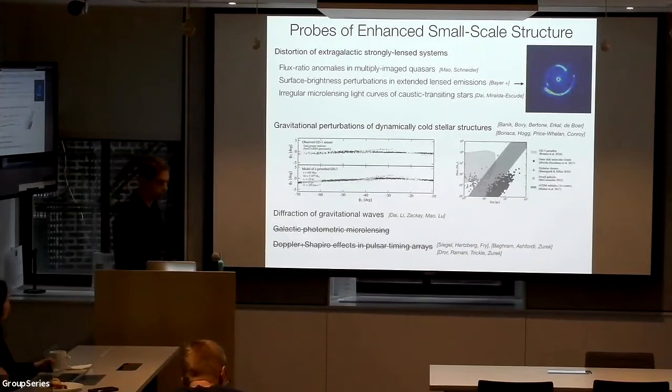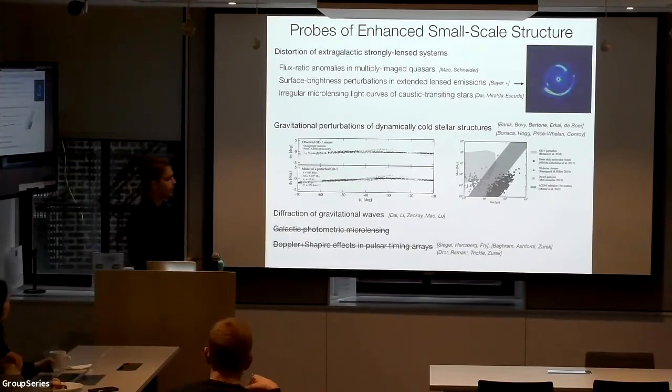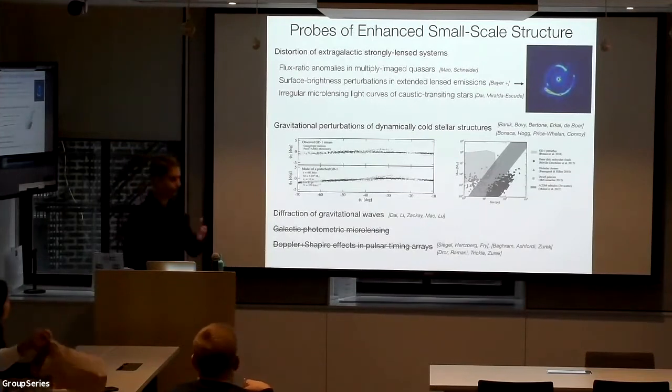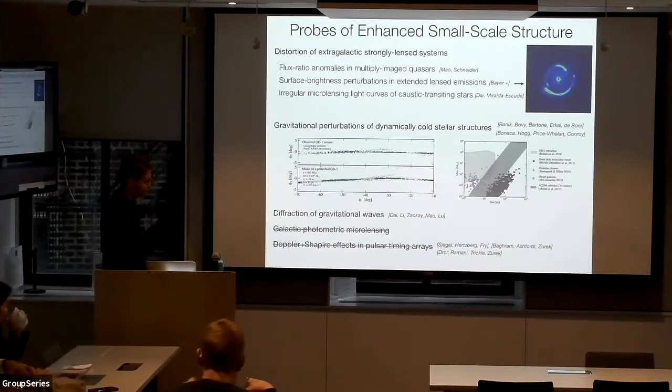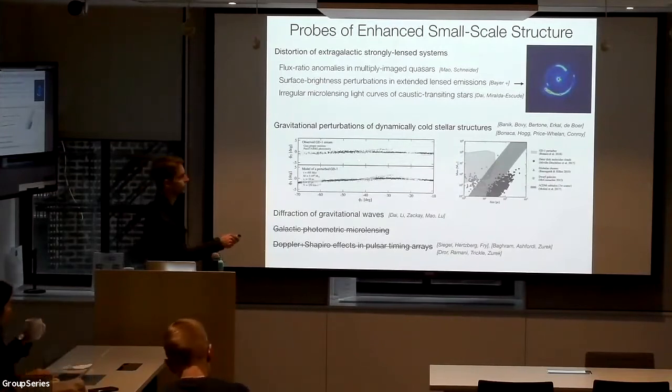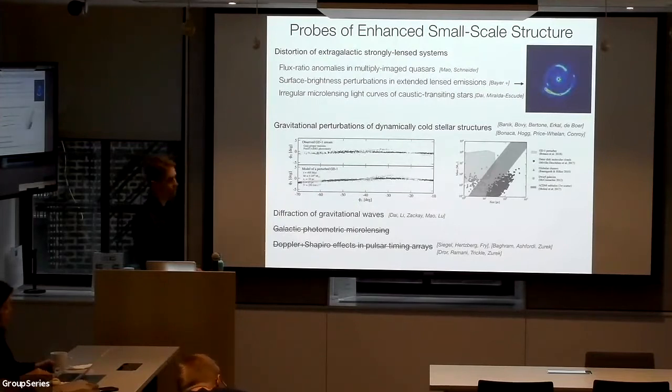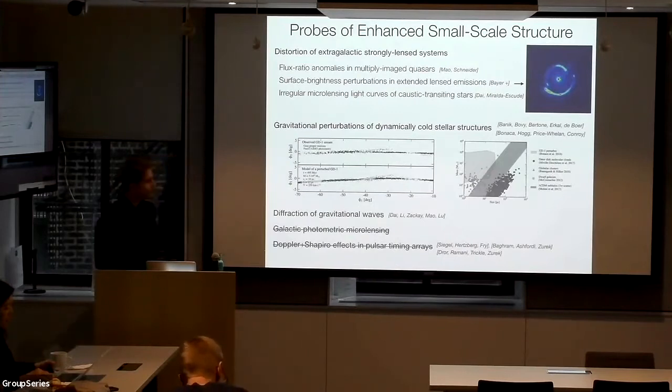Alternatively, you can also look in our own Milky Way by the gravitational kicks it gives to dynamically cooled systems. So there's been some work by Daniel and other people here in the New York City area about this, where you could have a gravitational impact give a velocity kick to stars, which causes a gap, and then a secondary stream or a spur.